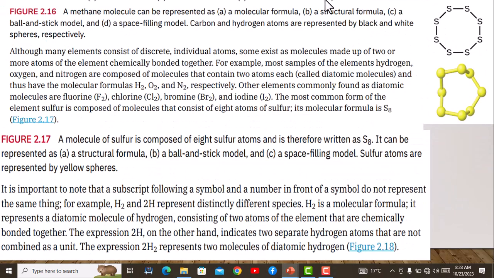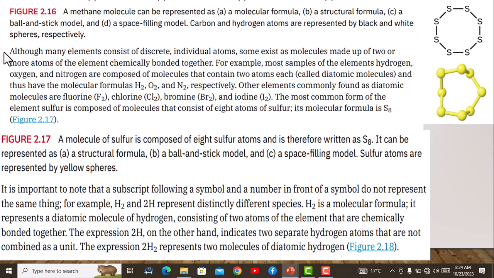A methane molecule can be represented as a molecular formula, as we saw, a structural formula, we also saw that, or a ball and stick model. We dealt with all this. And D, a space filling model. Carbon and hydrogen atoms are represented by black and white spheres respectively.